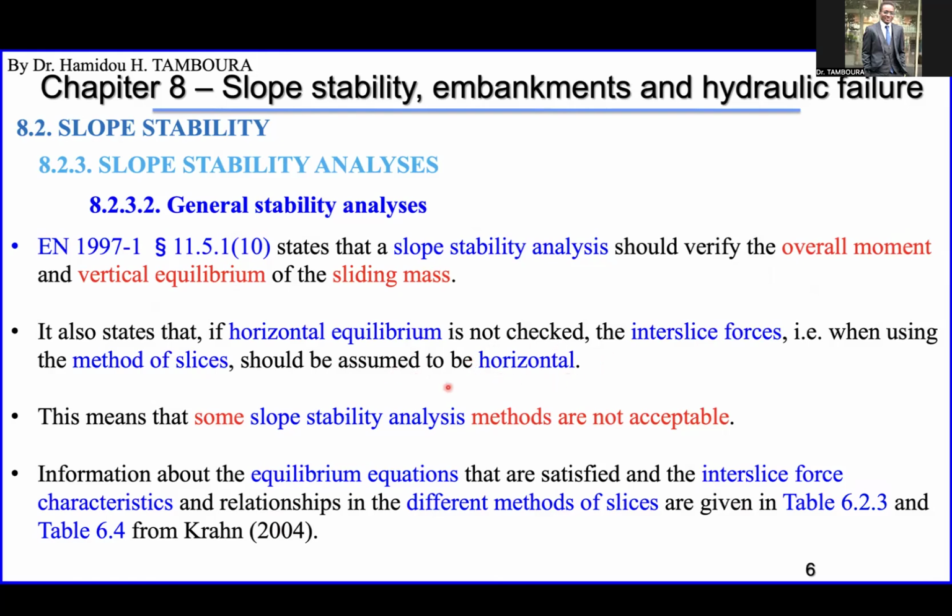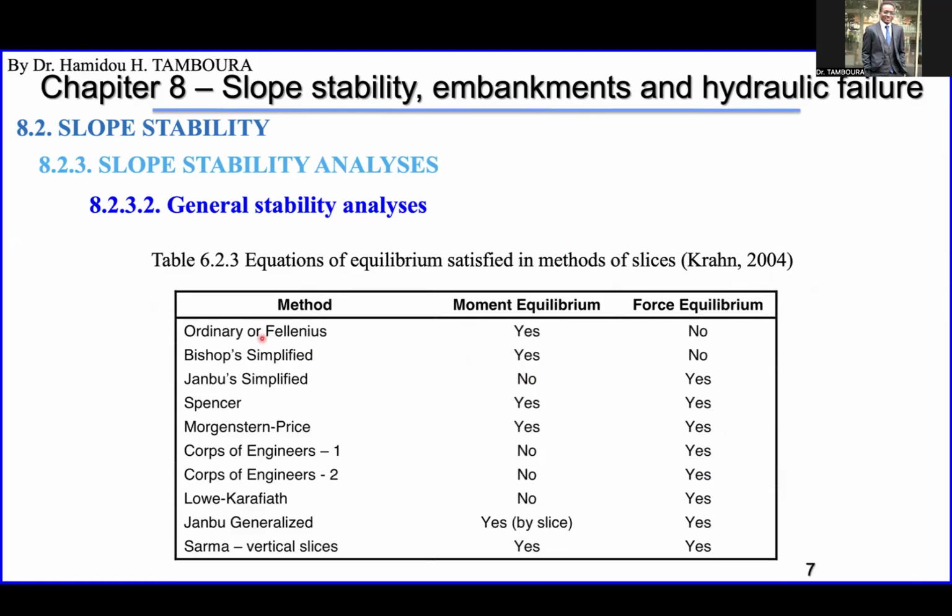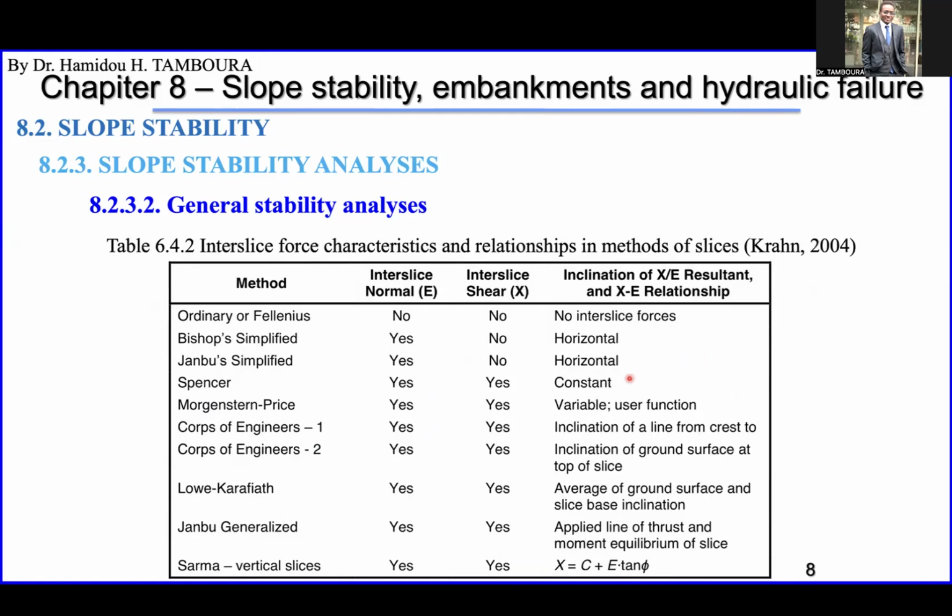And because the Bishop's method satisfies this, then the method can be considered also. So the Bishop method satisfies the moment equilibrium, yes, but for the force equilibrium, no. However, if we check here, Bishop's simplified method, the forces are horizontal.